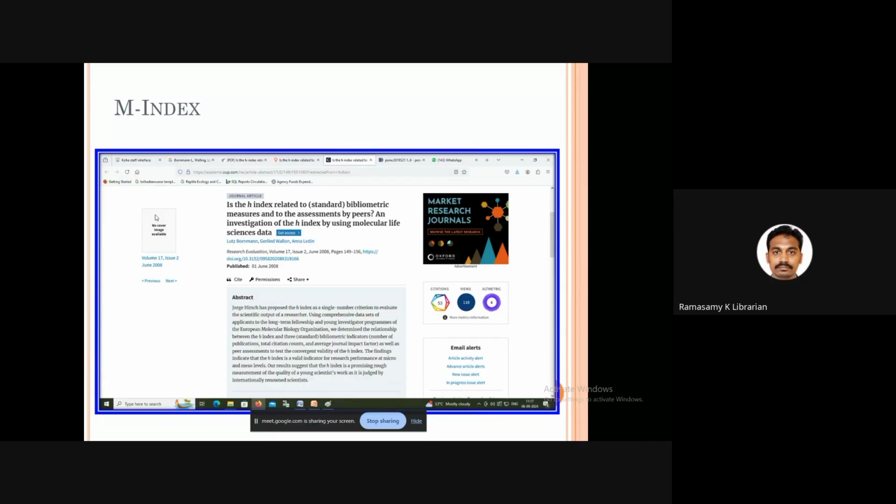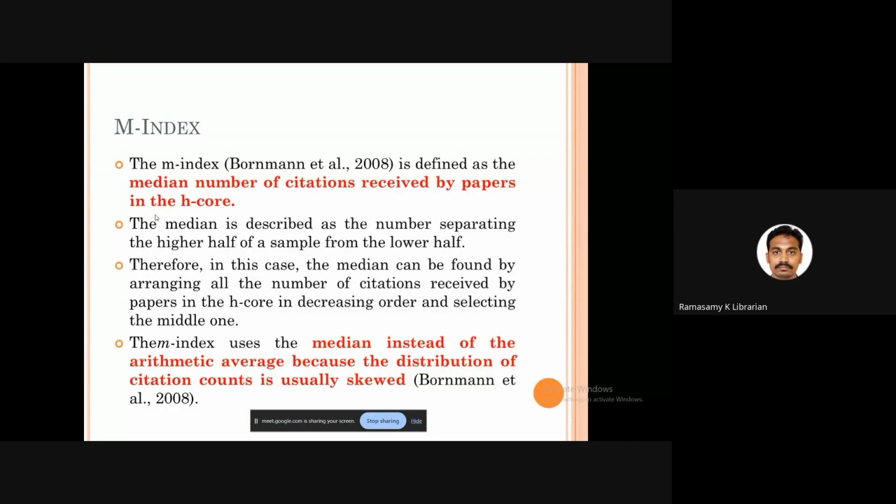Then comes M index, an index which was proposed by Bornmann in 2008. It is very simple. M index says, see, for example, you find out the H index of a particular author, and whatever papers are above the H index, those papers are called H core papers, and whatever papers are lying below that number of citations, they are called H tail citations.